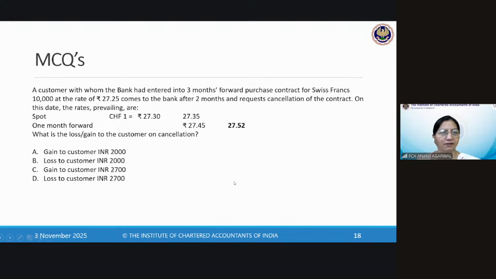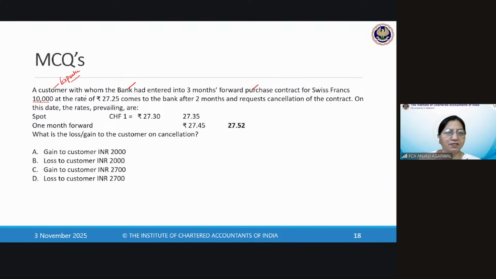All right. Just look at this question. A customer with whom bank has entered into 3 months forward purchase contract for Swiss francs 10,000 at the rate of 27.25. Bank will purchase. That means customer will sell. So the customer is exporter.